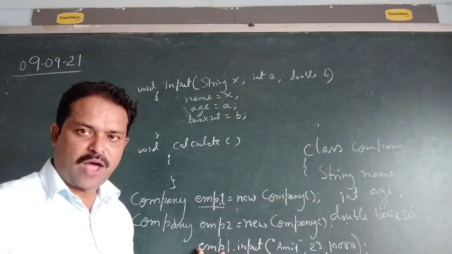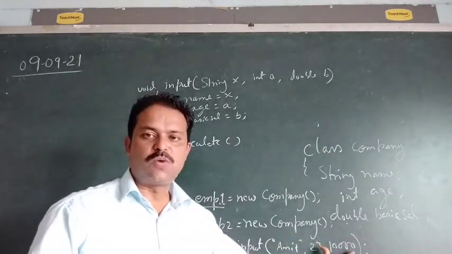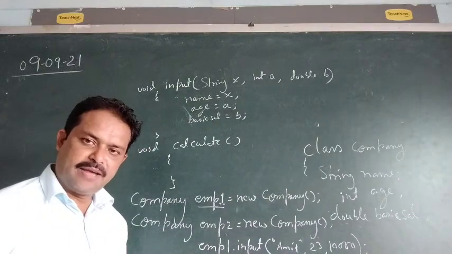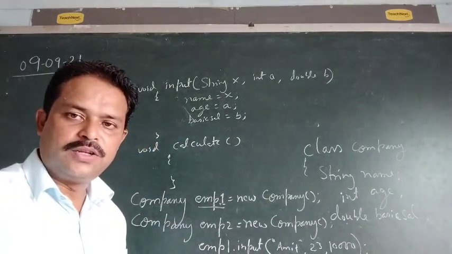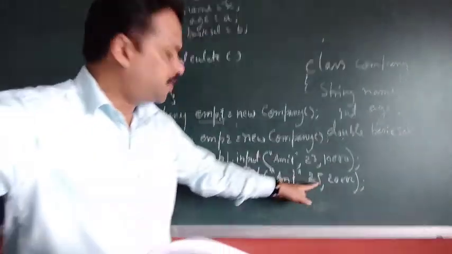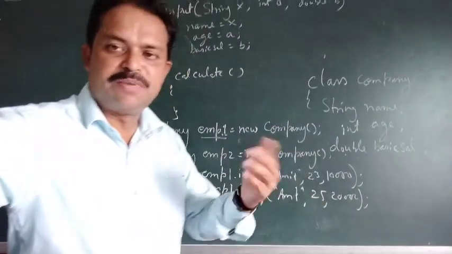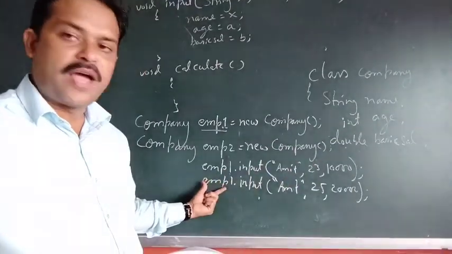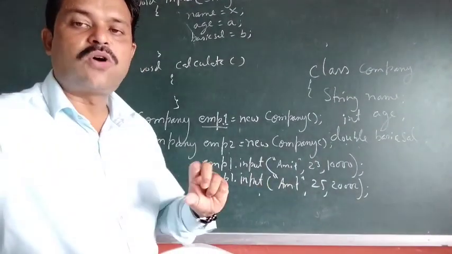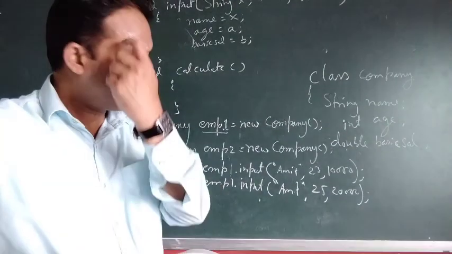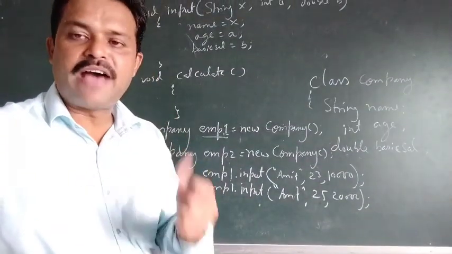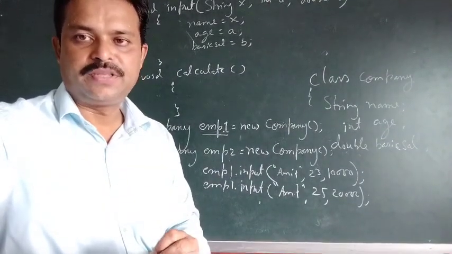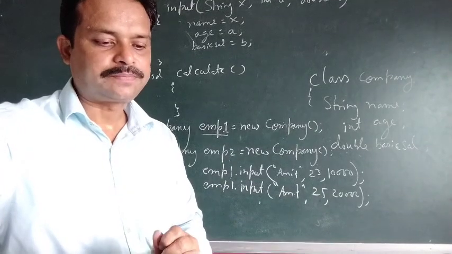Previously, object employee1 had this state. If I call input again with the same object name, employee1, you can see here, with new values 25 and 20,000, the state has been changed. Previously employee1 had that state, now employee1 has this state. This is called state. So what is the conclusion here? The value which we give to the variables is called the state of an object.